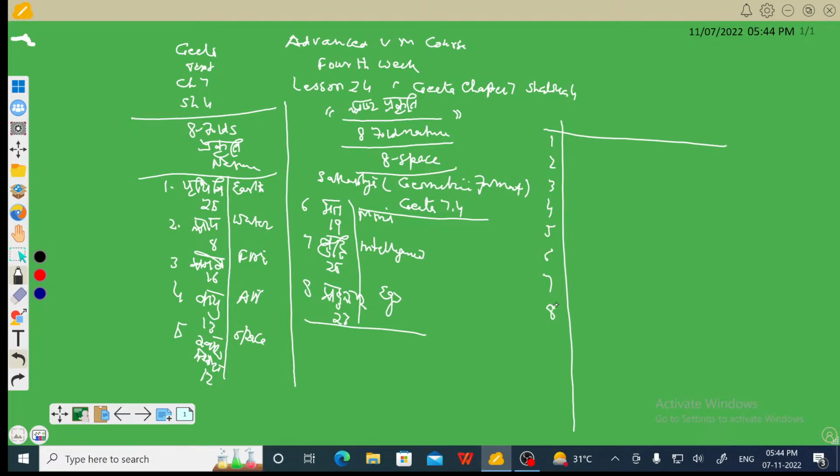The values are 25, 8, 16, 13, 12, 19, 25, and 23. Let us now have a grand sequential summation values.